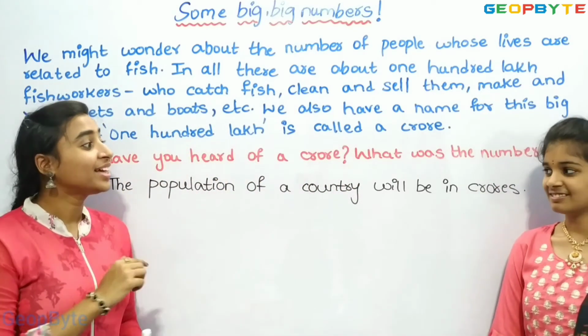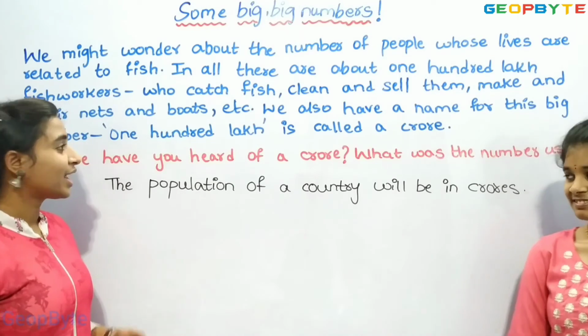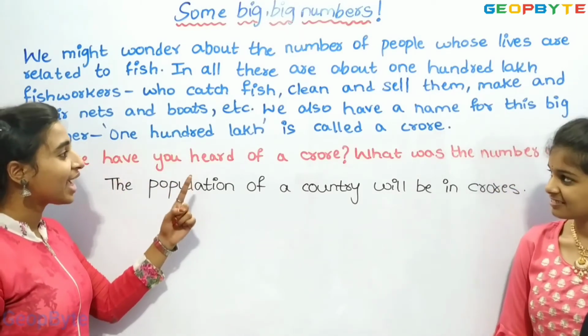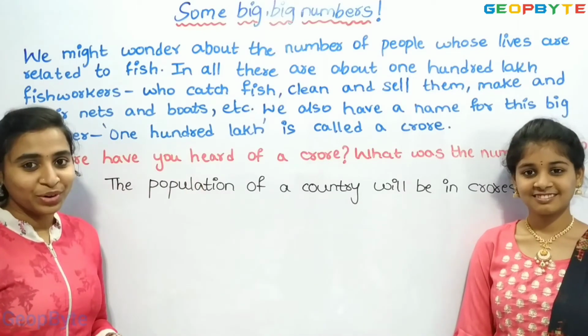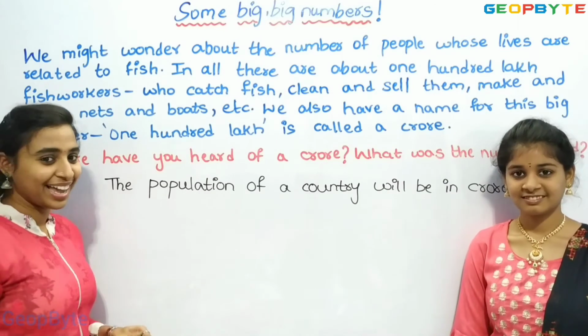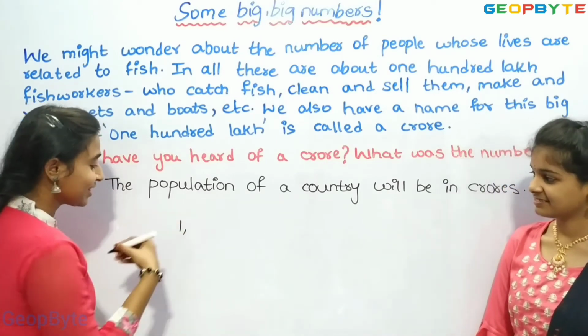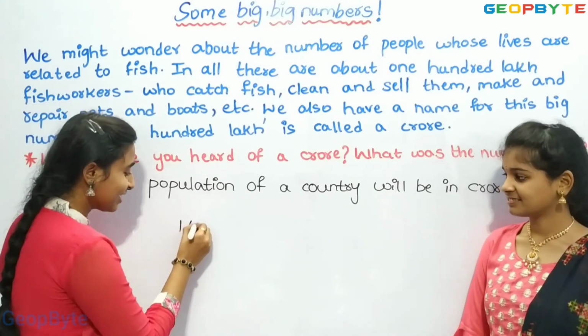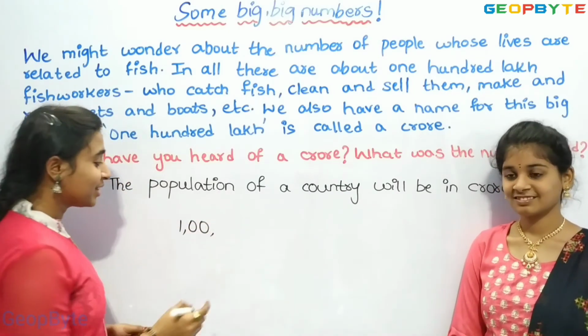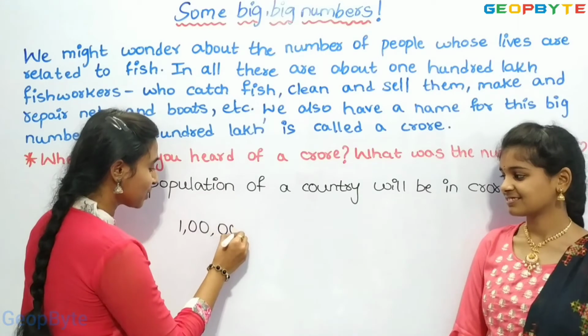What was the number used? Children, here it is clearly given that 100 lakh is called a crore. First, let us represent this 100 lakh. 100, that is 2 zeros, and lakh, that is 5 zeros.